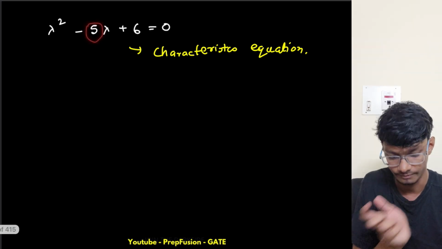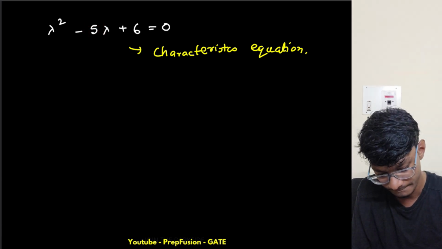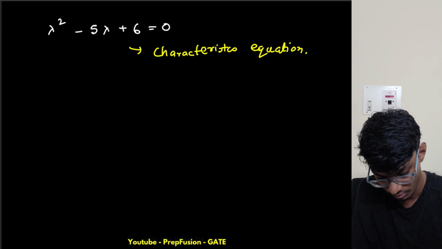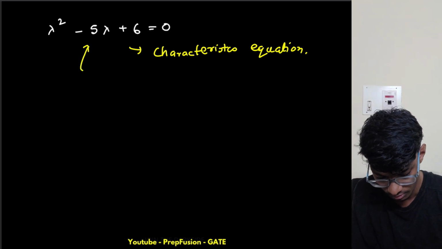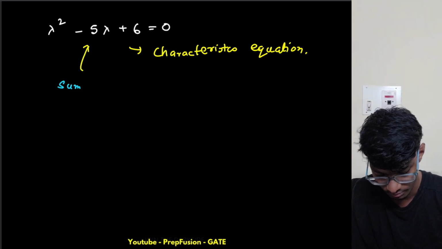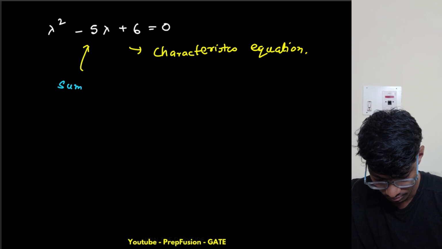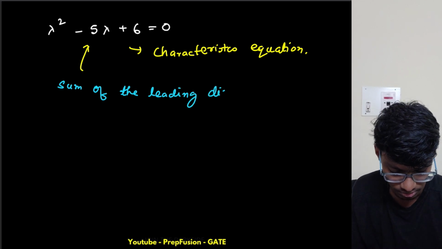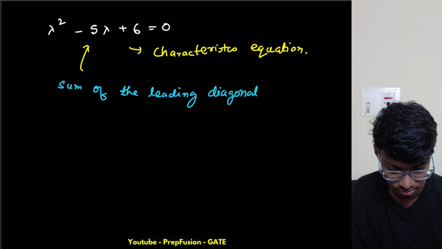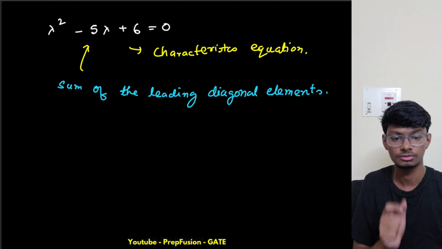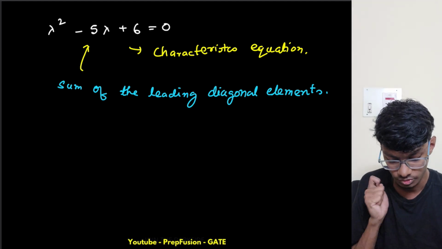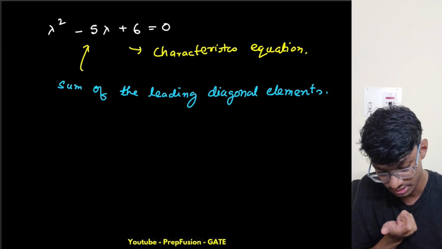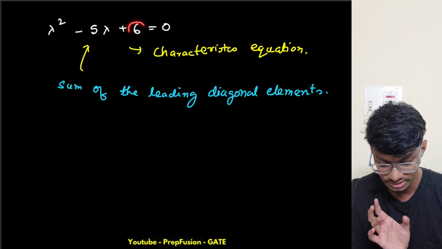So what does this mean? This is basically the sum of the leading diagonal elements. Okay, and what does this number represent?